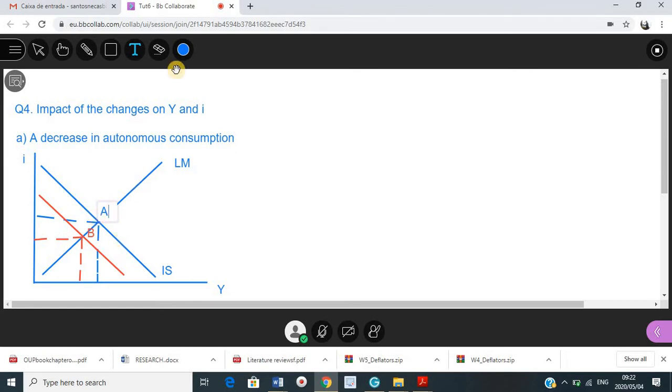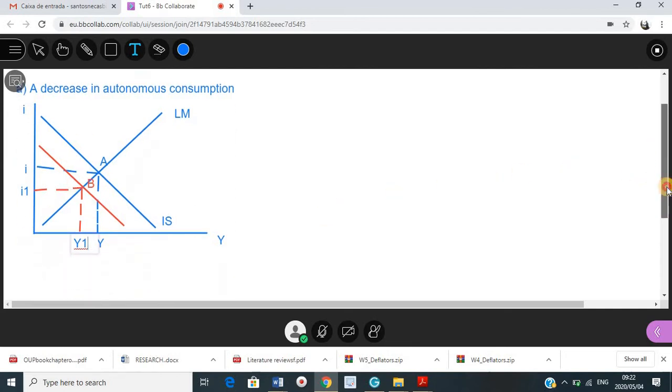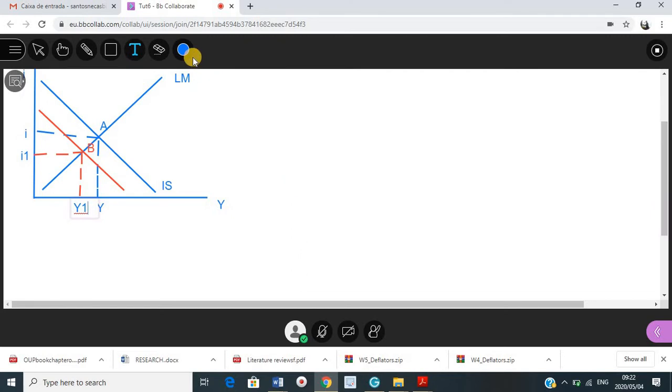So to see that these are different equilibriums, right? And this is Y, this is I. Then this is I1, and this is Y1. Maybe I can just show here the movements, so that we see what really happens.